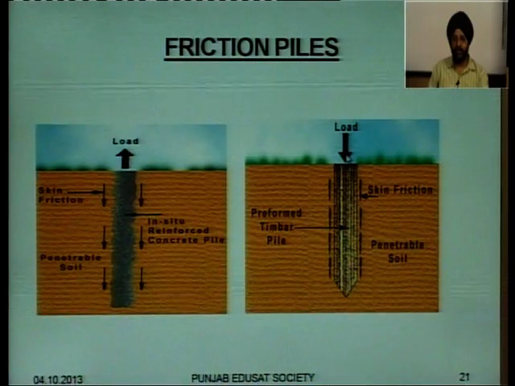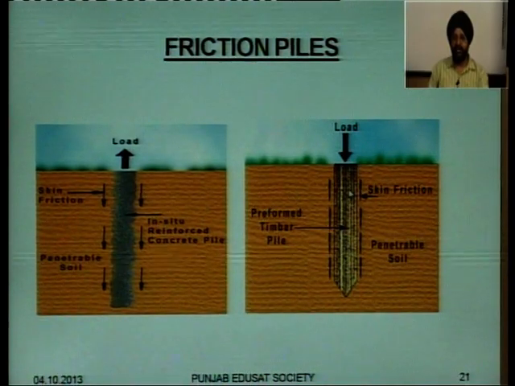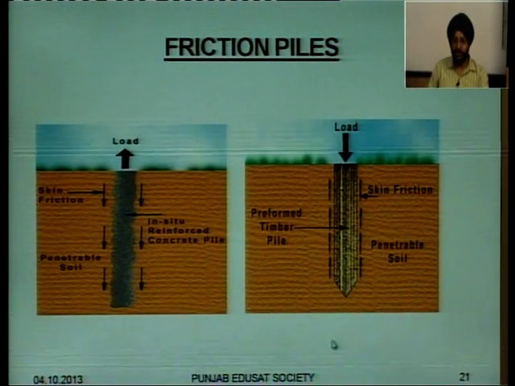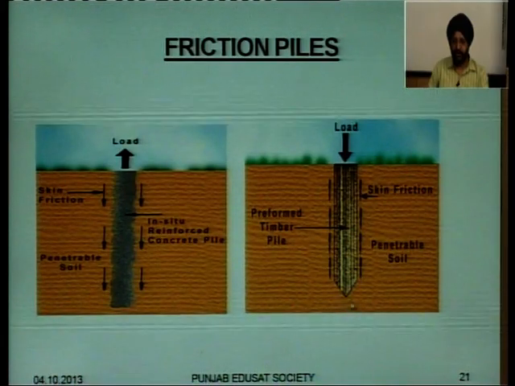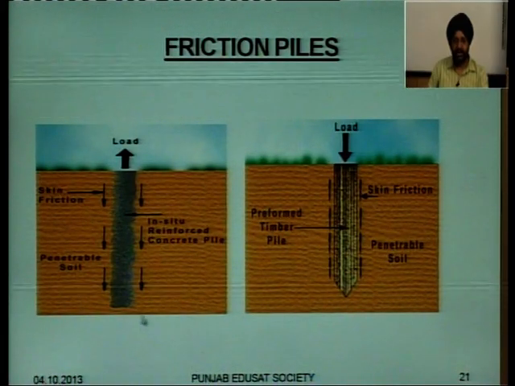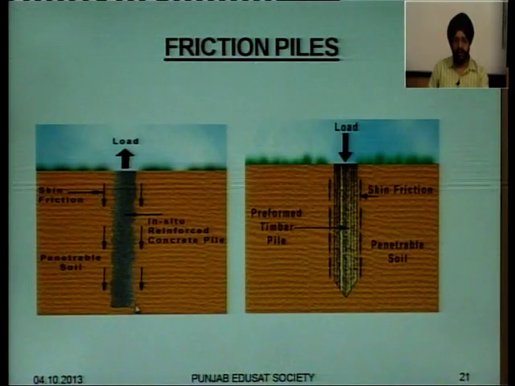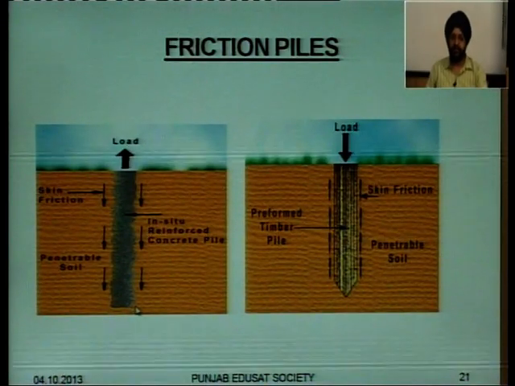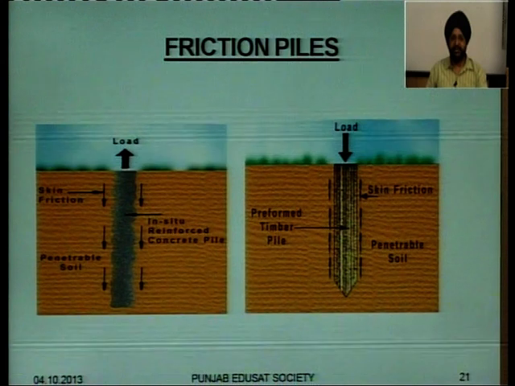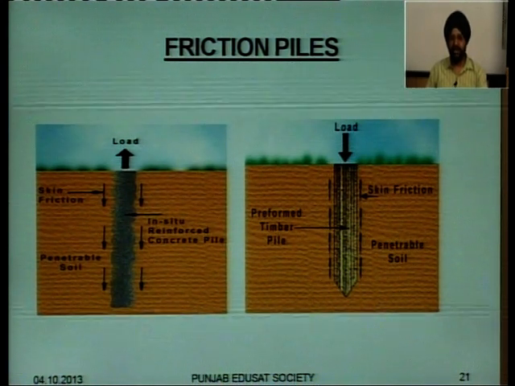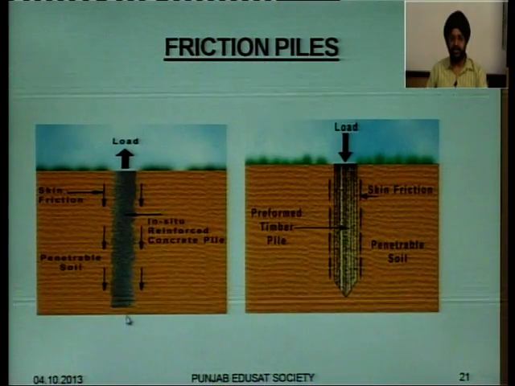The load is coming over it, and this pile is able to bear this load only due to this skin friction. There is no hard strata here, no hard strata beneath this timber pile, as well as no hard strata beneath the RCC pile. So, you must have got the difference between the friction piles and the bearing piles. These are without hard strata at the base, whereas the bearing piles are having hard strata underneath.